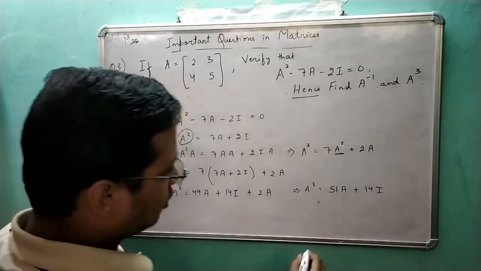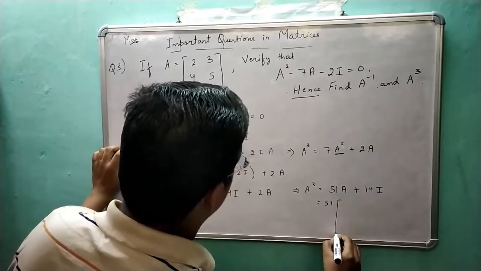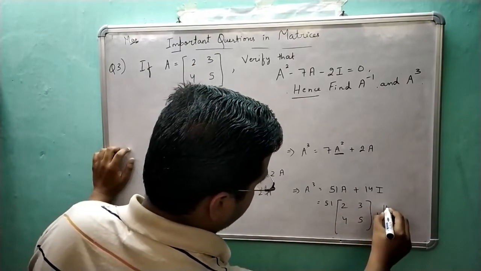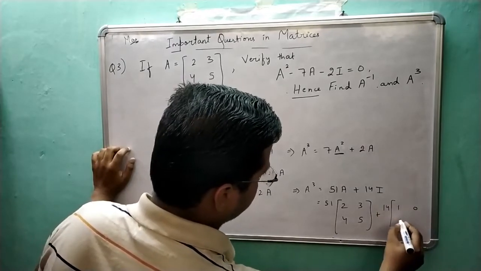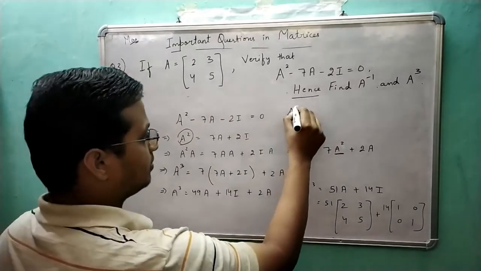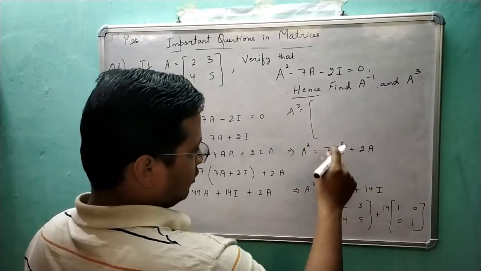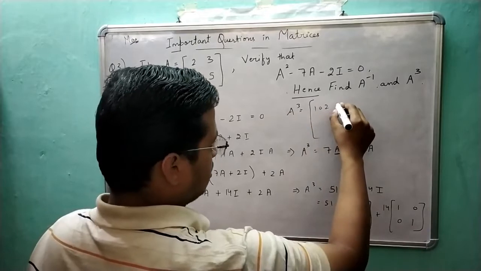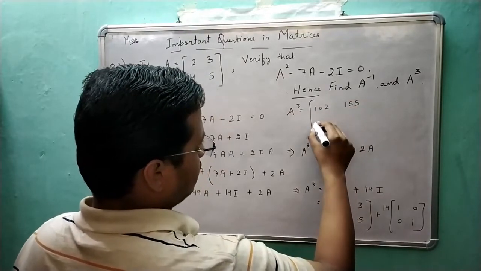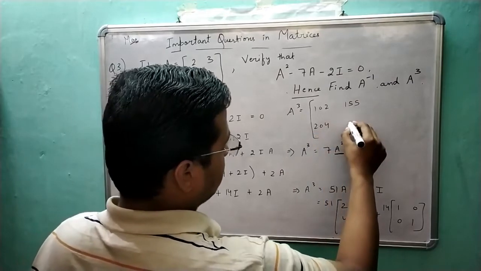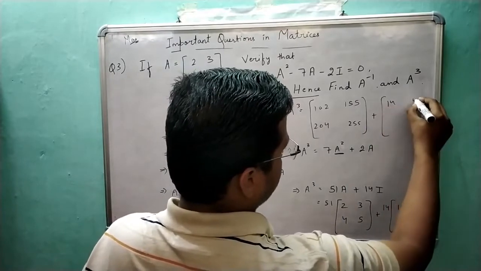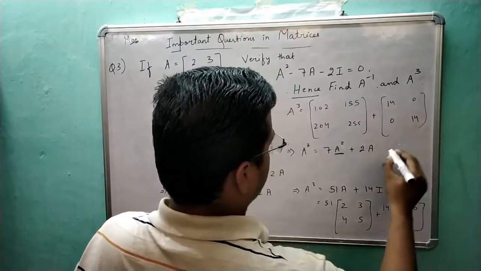As you have the value of A, so 51 into [2, 3, 4, 5] plus 14 into I, which is [1, 0, 0, 1]. So the value of A cube will be 51 into 2 is 102, this one is 155, 204, 255, plus [14, 0, 0, 14].